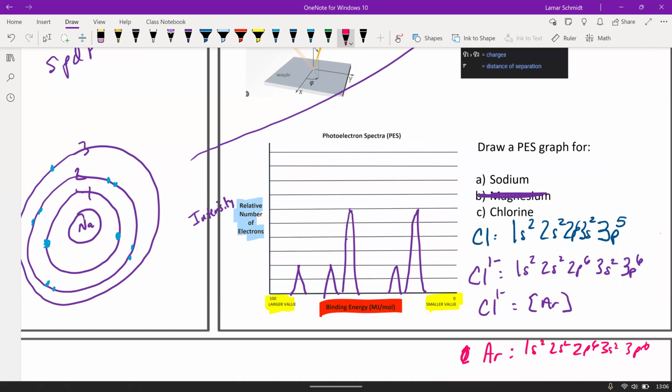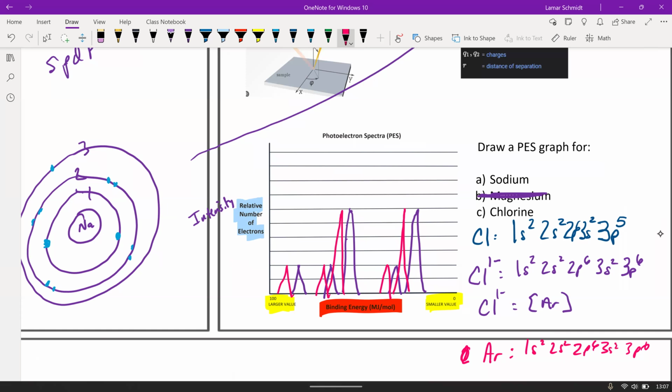They're going to be to the left. Because we're just drawing relative stuff here, this would be maybe argon. So we show these to the left, and then we can say, I know why argon has a higher binding energy at each peak, because it has more protons.